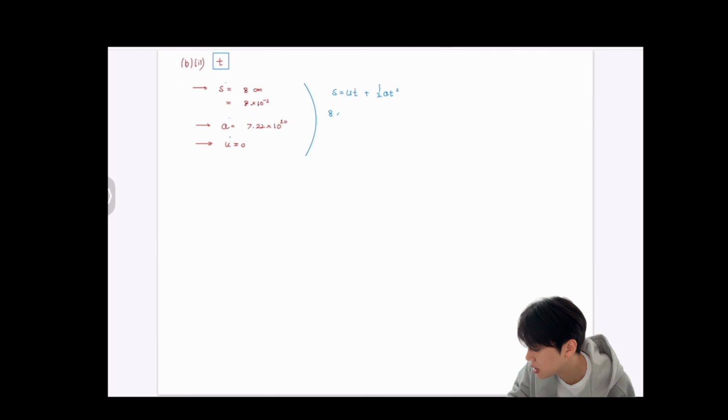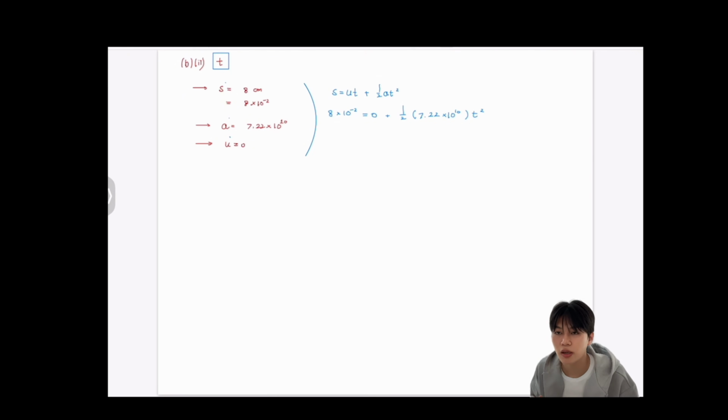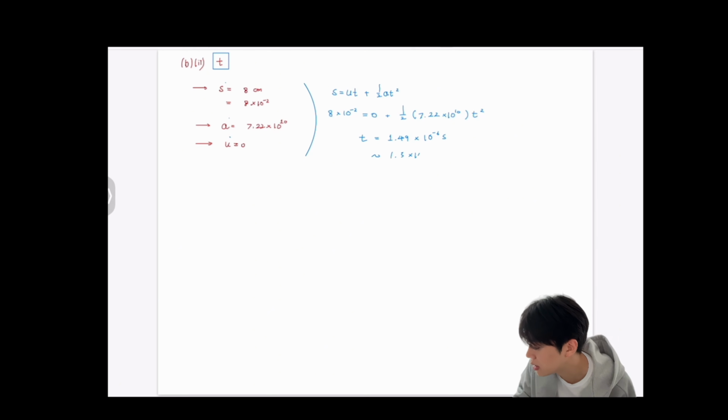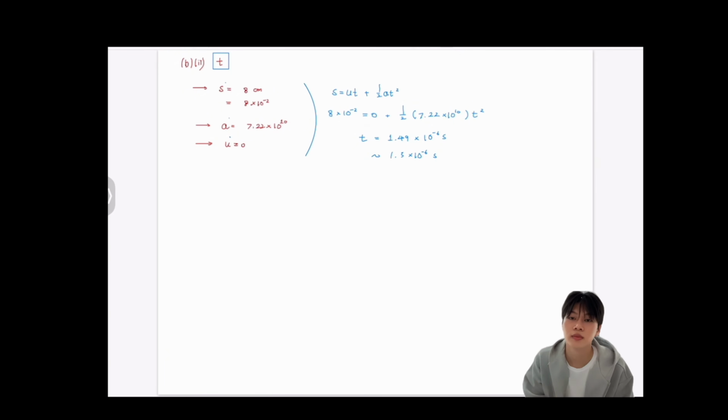So s was 8 times 10 to the negative 2. u was 0, plus half times acceleration, which is 7.22 times 10 to the 10, and t squared. Just rearrange the equation, you will get t, which is about 1.49 times 10 to the negative 6 second. Or you can say 1.5 times 10 to the negative 6 second. Okay, that was B2.